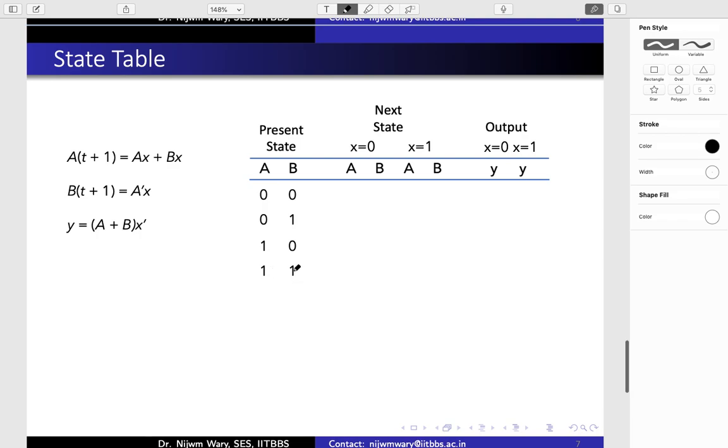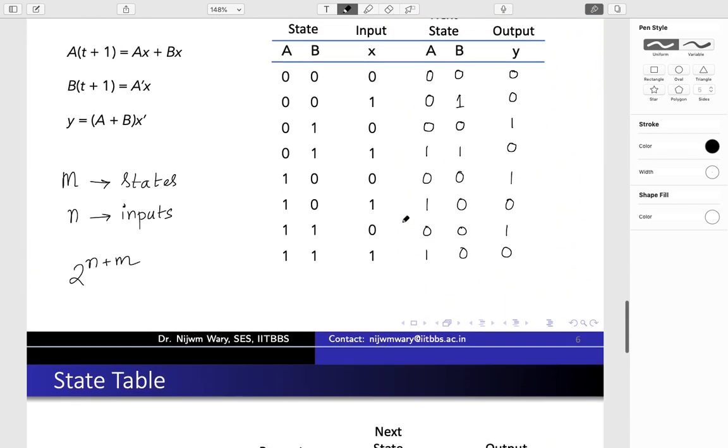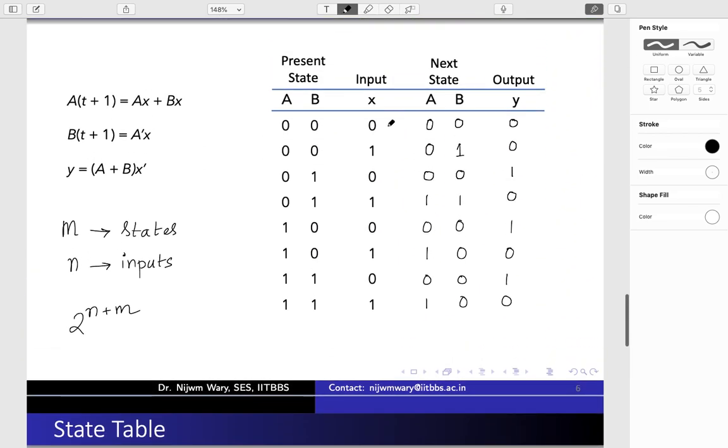So now we can write the next state based on the inputs. So x equal to 0, x equal to 1. Basically we are trying to split the next state of A and B whenever x is 0, and then the other is whenever x is 1.